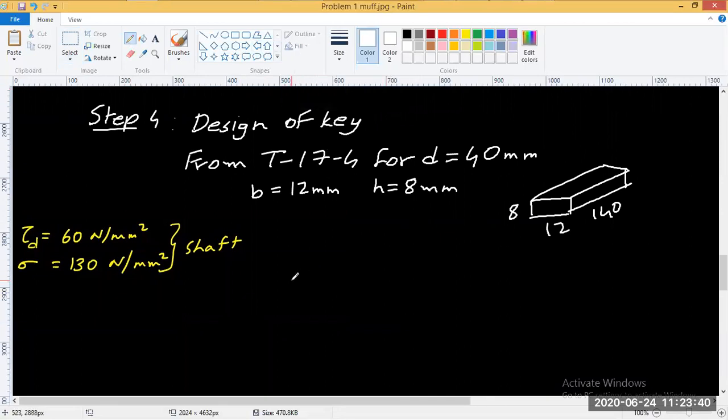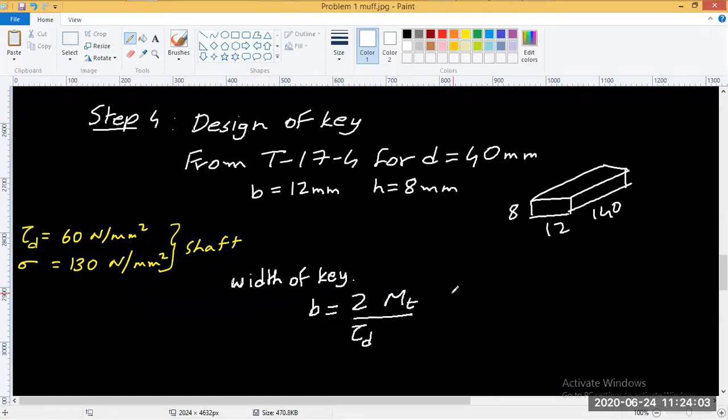For that we use the formula for width of key, given by B equals 2 times the torque divided by tau d L T, according to equation 19.50.